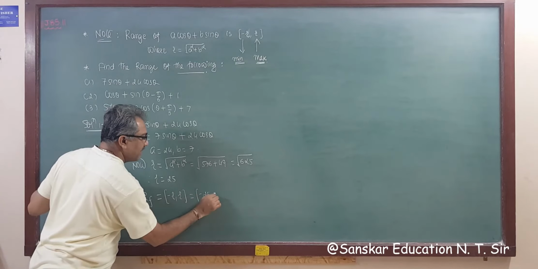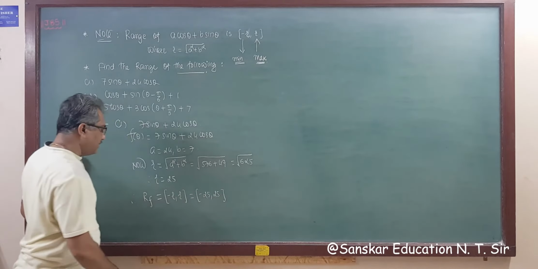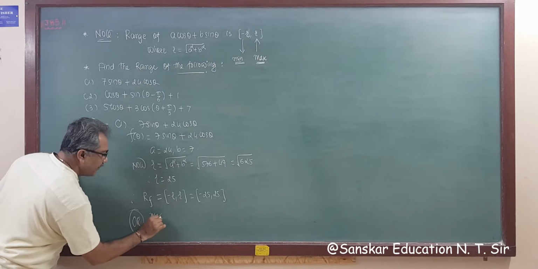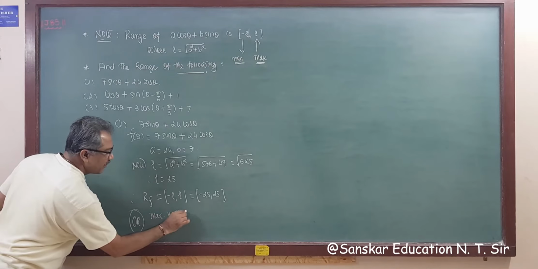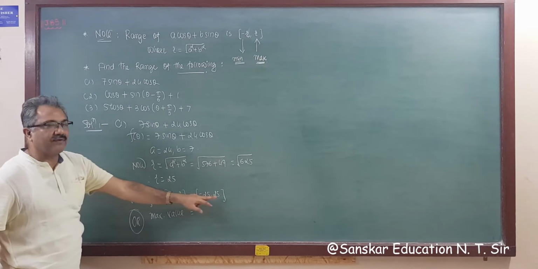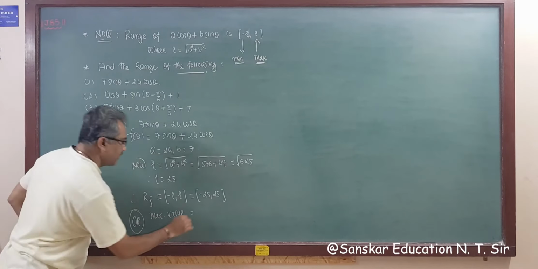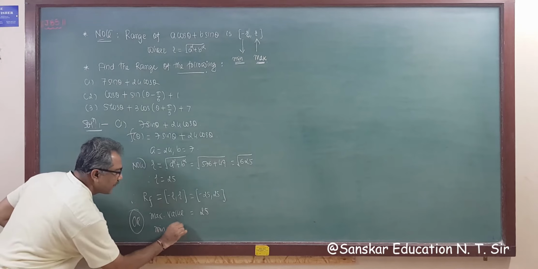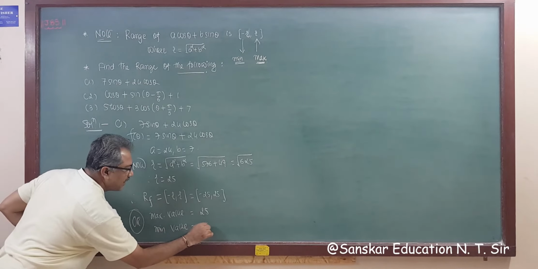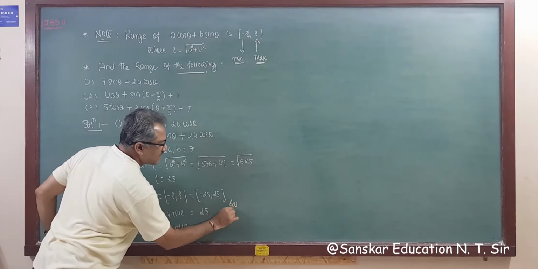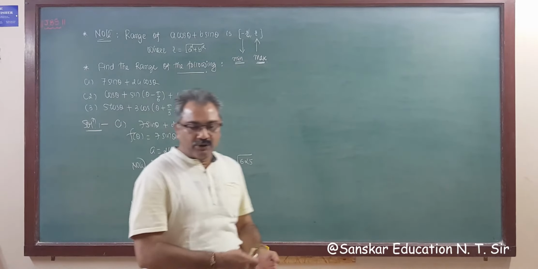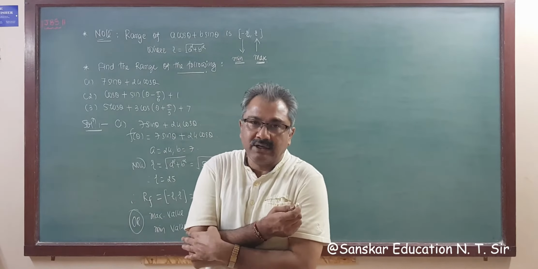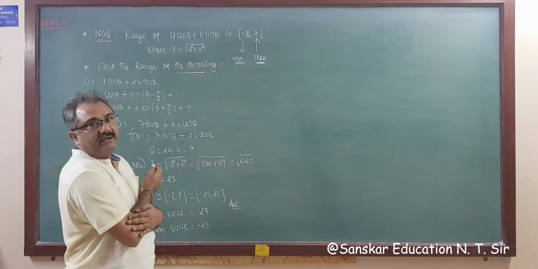Either you can say minus 25 to plus 25, or the maximum value of f is equal to 25 and the minimum value is equal to minus 25. So these are your answers. You have to give the answer as per what your question demands. So this is the way to find the range of the given function.